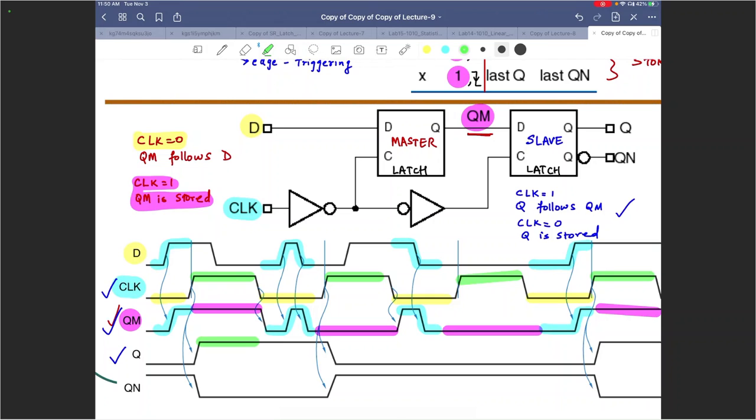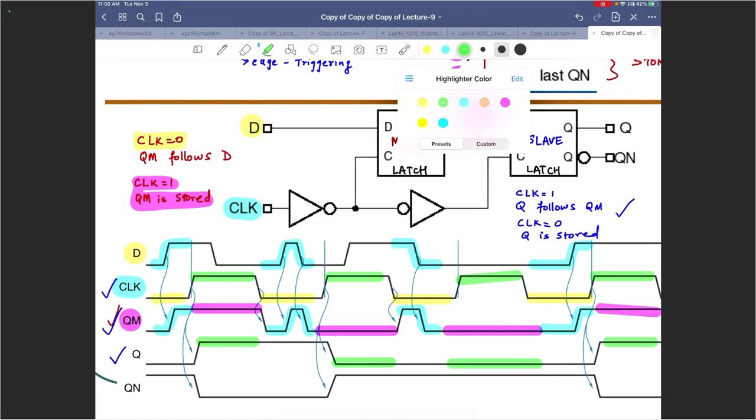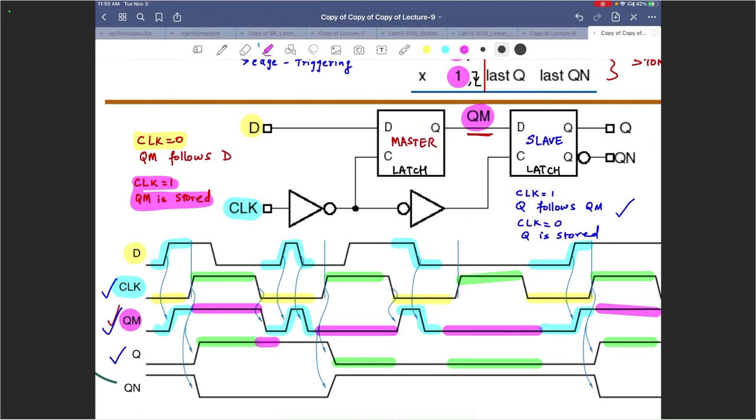Yes, so clock is high, QM is low, this guy is low. QM is low, this guy is low. QM is high, this guy is high. You guys see that? So for all the other times, it is stored. What does stored mean? It remains the same.